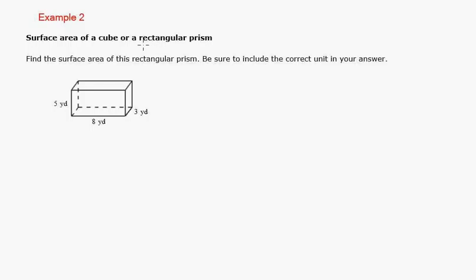Now we have a rectangular prism this time. So the sides are not all equal. So what I'm going to do is say, we have a front plus a back. The front right here, and then the back.